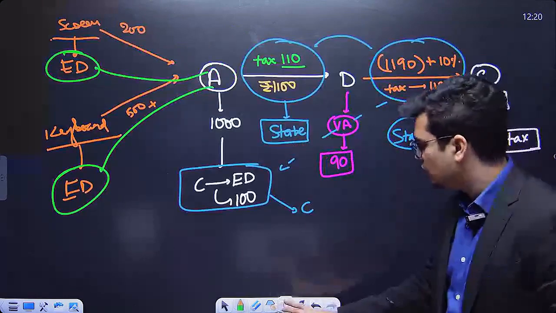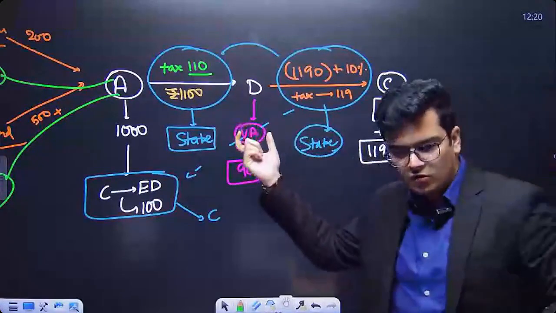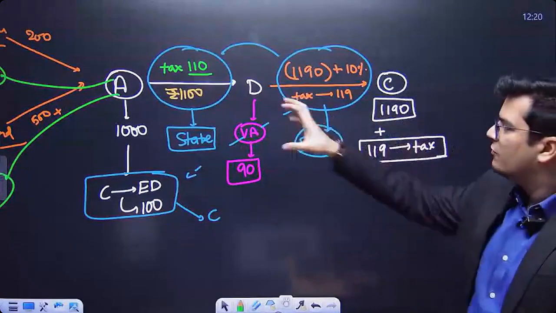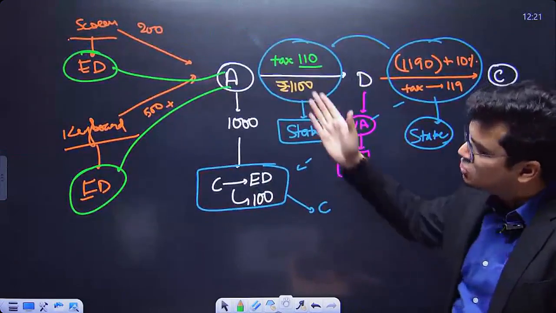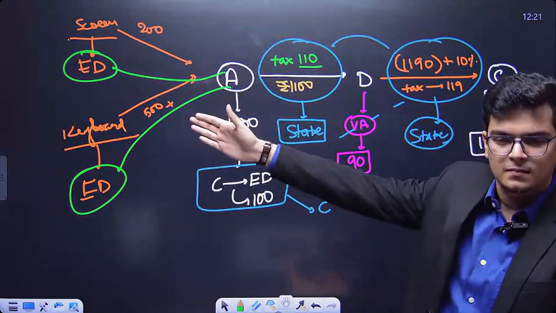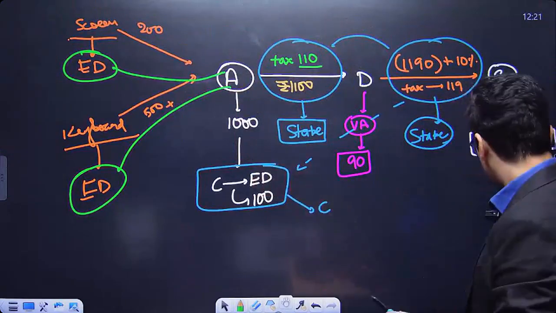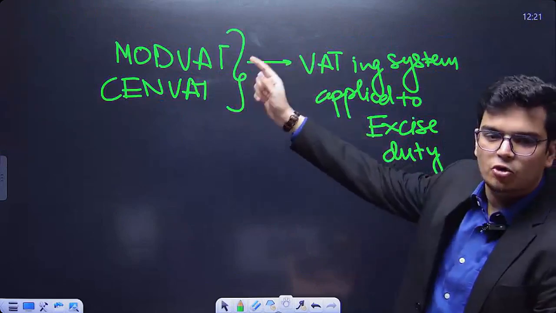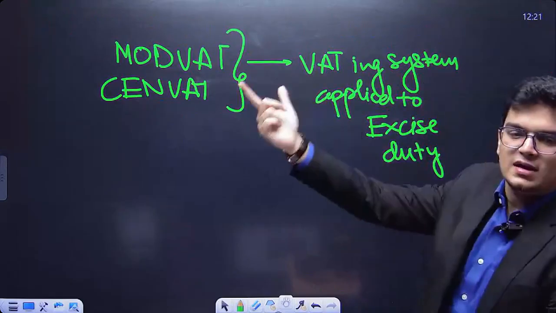What we have read so far is VATing system applied to sales tax, that only on value addition new tax is given. ऐसा ही एक सिस्टम यहां पर एक्साइज ड्यूटी के लिए भी एग्जिस्ट करता था. तो सेंट्रल गवर्नमेंट was collecting excise duty, so central government was also making the system called mod VAT or sen VAT. This VATing system applied to excise duty.